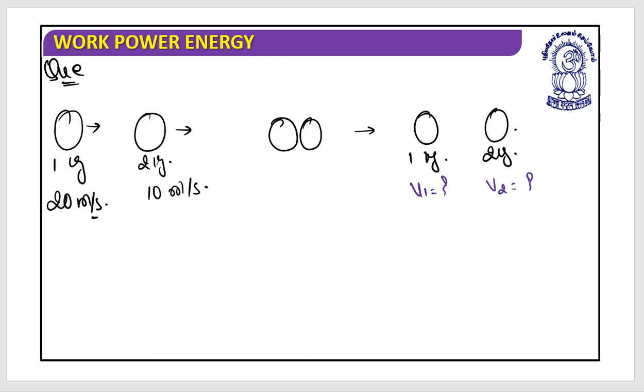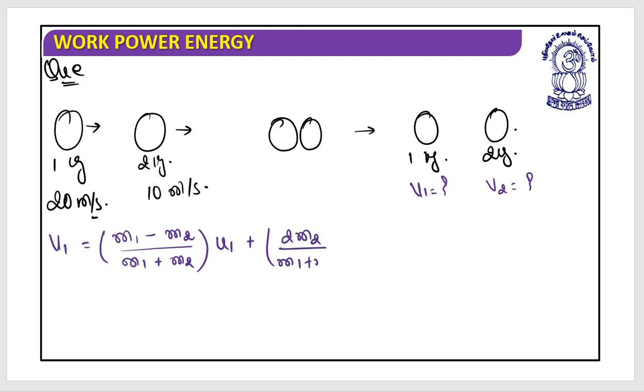So v1 can be written as (m1 minus m2) divided by (m1 plus m2), multiplied by u1, plus 2m2 divided by (m1 plus m2), into u2.